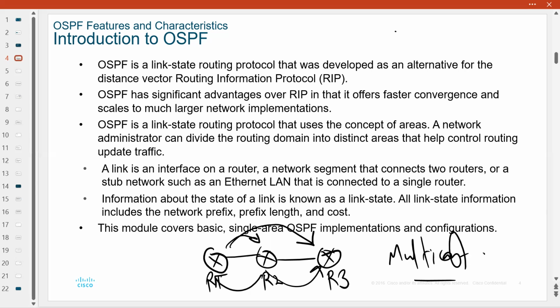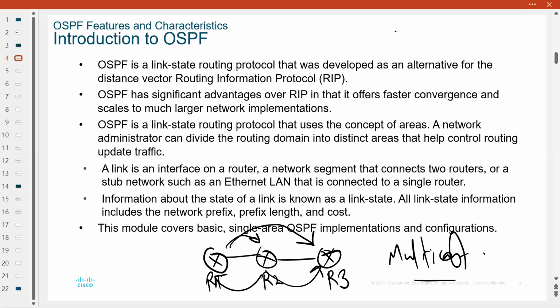Convergence is the time between when there is a change and when the network reconfigures itself to accommodate that change. If you are using RIP, a distance vector protocol, it will take more time for convergence because the router is only communicating with its directly connected neighbor.